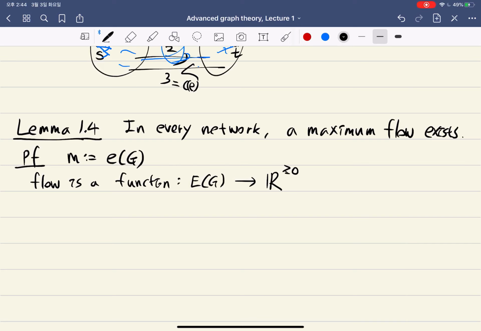So a flow is a point in m-dimensional space, R^m.